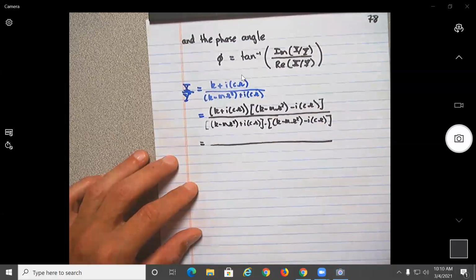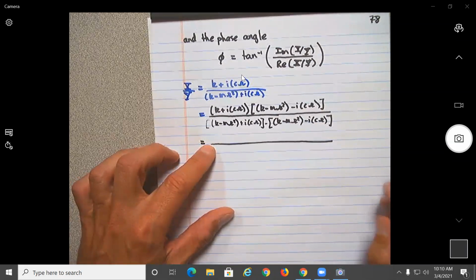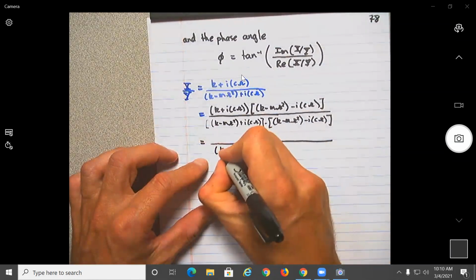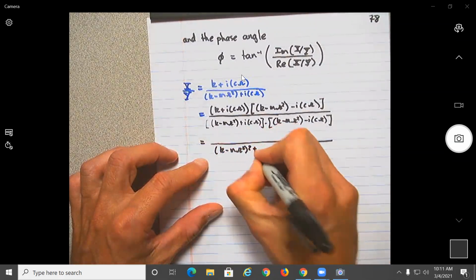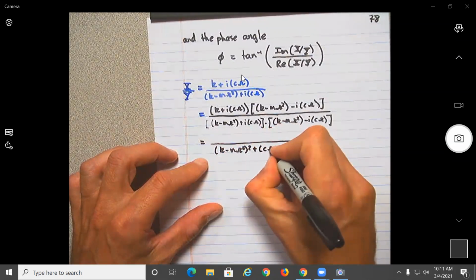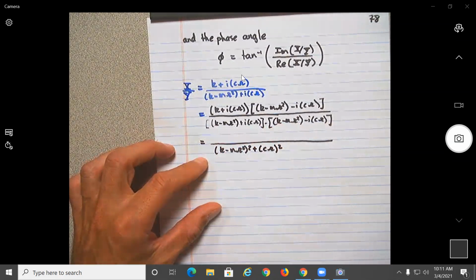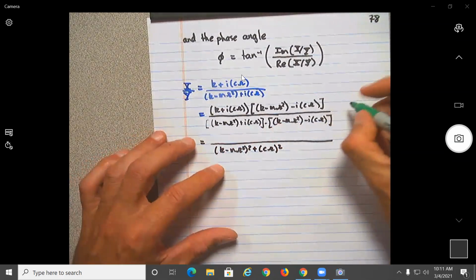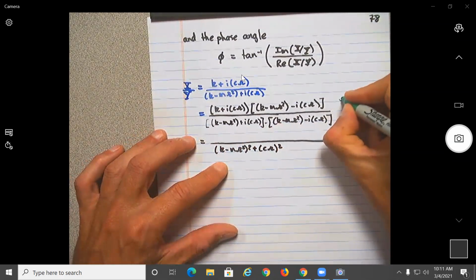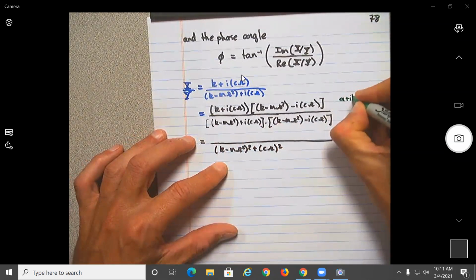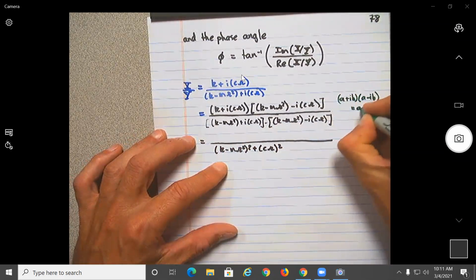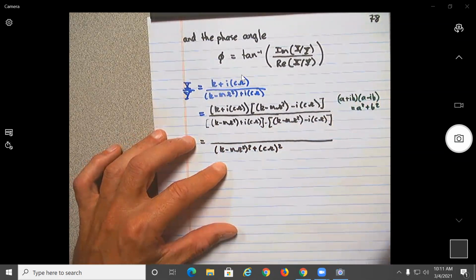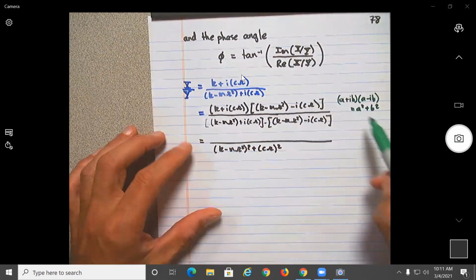I mean, I don't know what we're going to have on top yet, but the bottom should be just a square plus b squared. Okay, we already did that before in the past. We know that a plus ib times a minus ib is equal to what? A squared plus b squared, no? That's what I'm doing here.